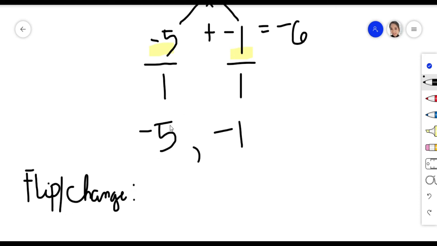So, since this is negative 5, it becomes positive 5. And since this is negative 1, this becomes positive 1.